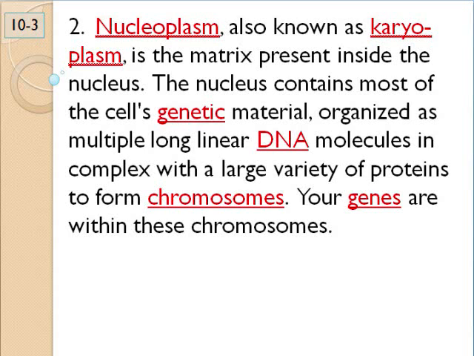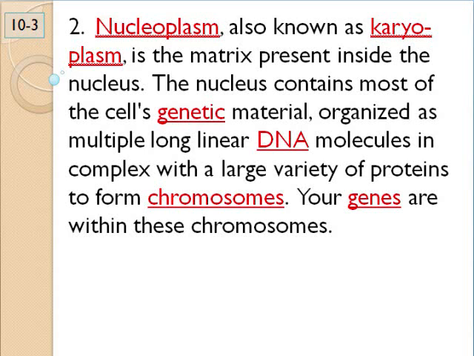Karyoplasm is also a name for the nucleoplasm. All the genetic stuff you have is inside it. DNA is your genetic basis. Chromosomes are made of genes.